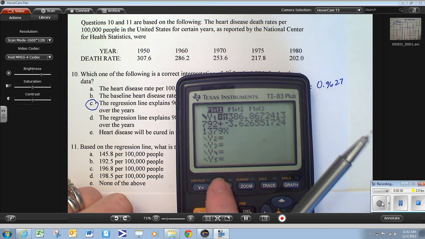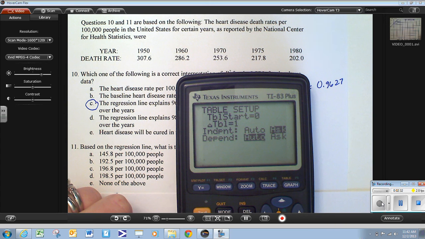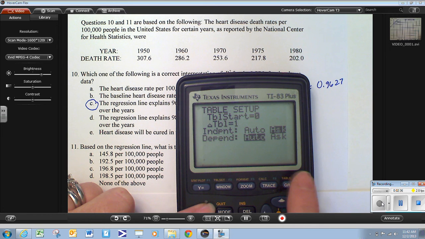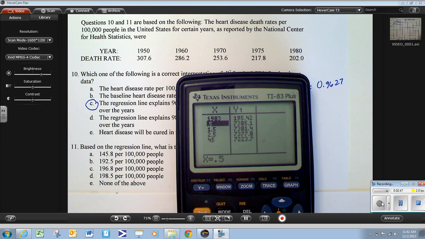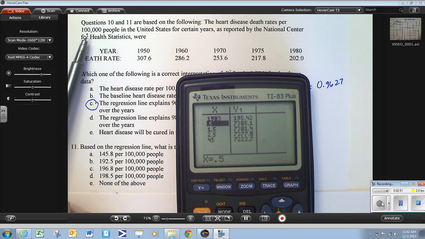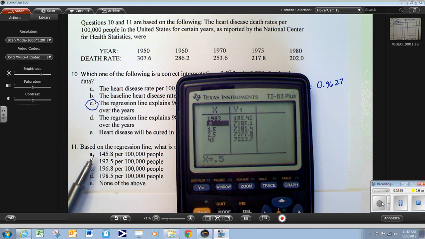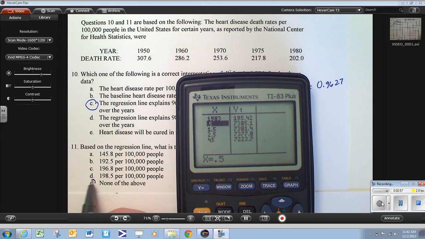Under my table setup, if I change the independent variable to ask, when I then go into my table, second graph, I can put in any year here, 1983, and it'll produce the value. We get 195.42. That was per 100,000 people based upon the information in the given set of data. And since that is not any of our values, E would be the correct answer.